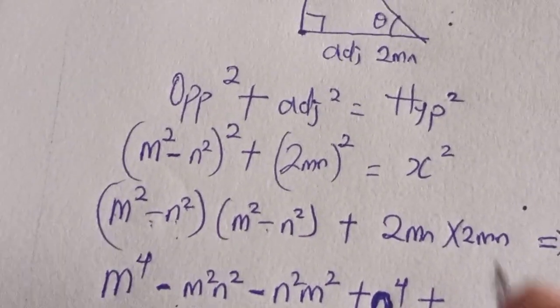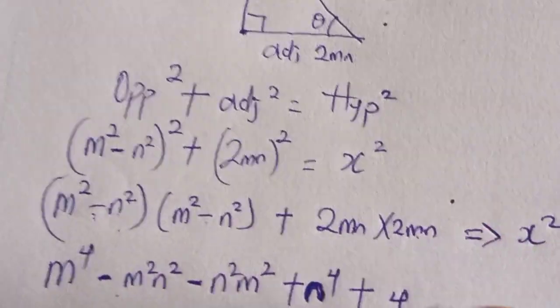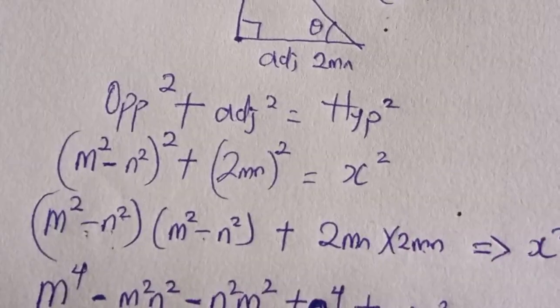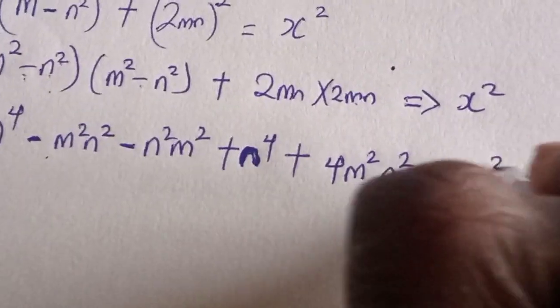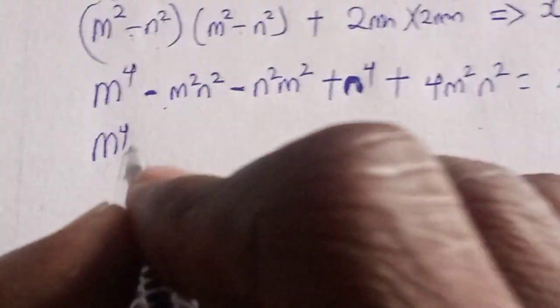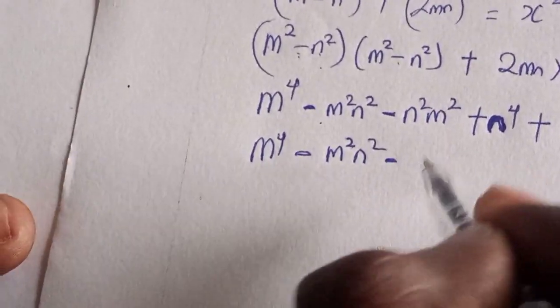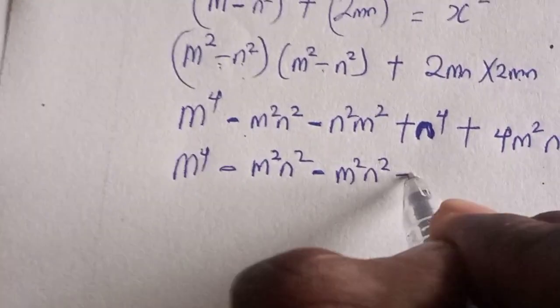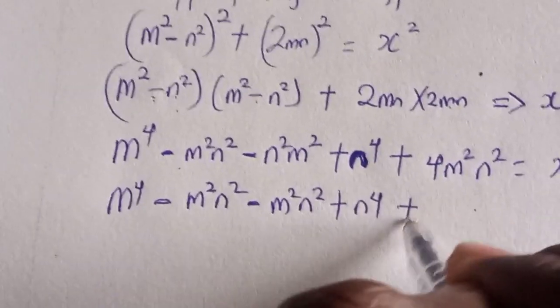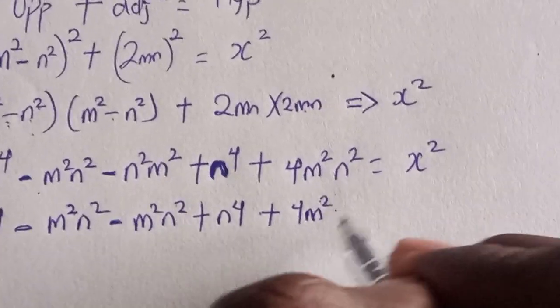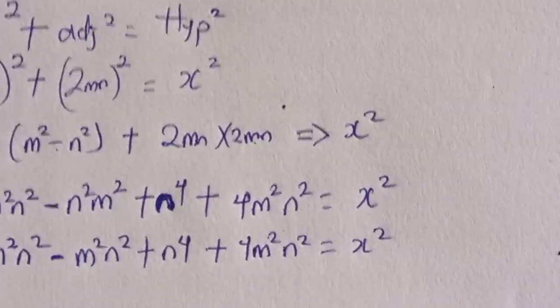Plus 2 times 2 gives 4, m times m gives m², n times n gives n², equals x². Then we can rearrange as m raised to power 4 minus m²n² minus m²n² plus n raised to power 4 plus 4m²n² equals x².